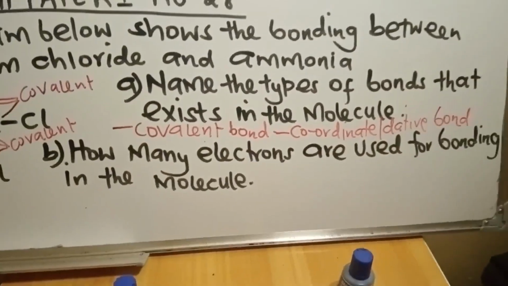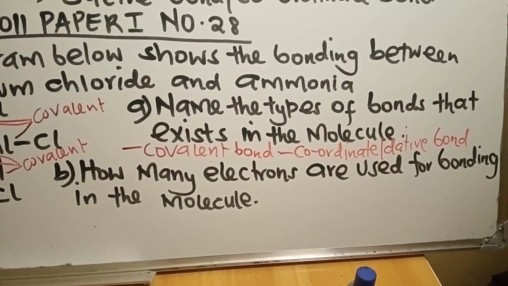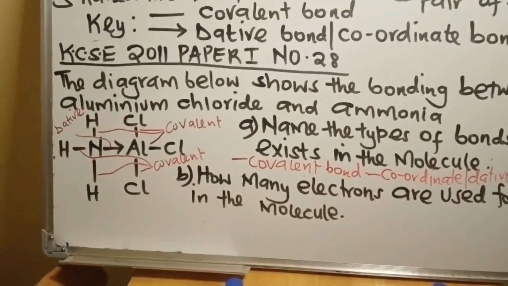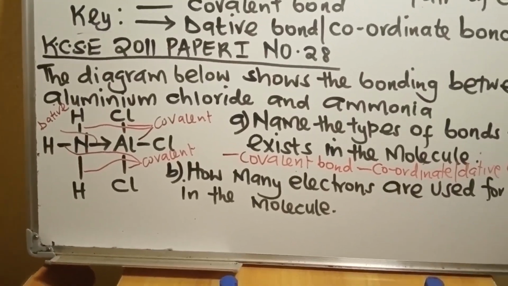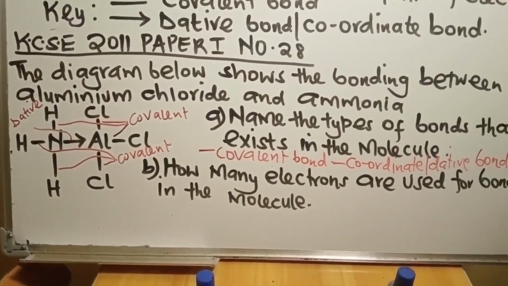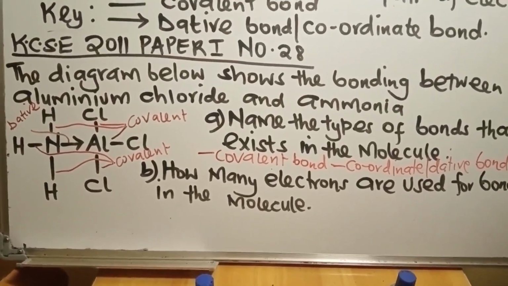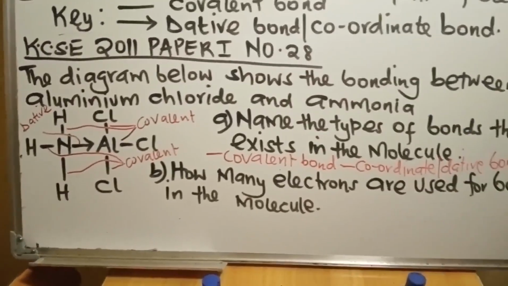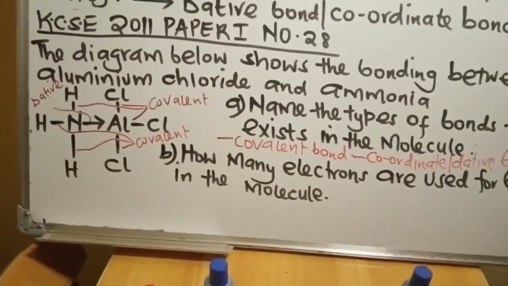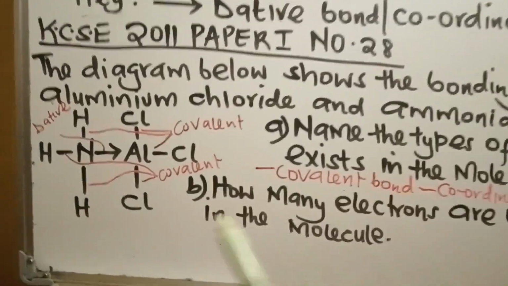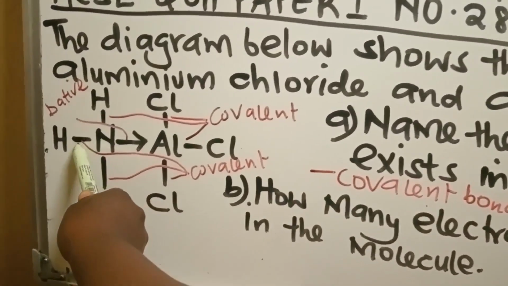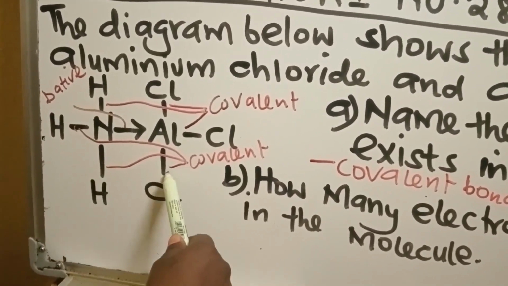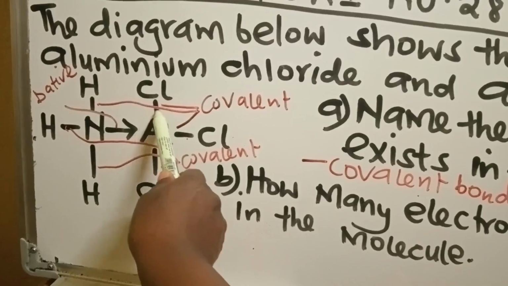The other question is asking us how many electrons are used for bonding. So back to the diagram. To determine the number of electrons that were used for bonding, we check the number of covalent bonds in that molecule. So we count the single lines. We have 1, 2, 3, 4, 5, 6.